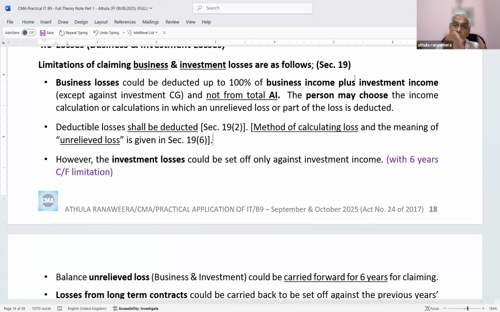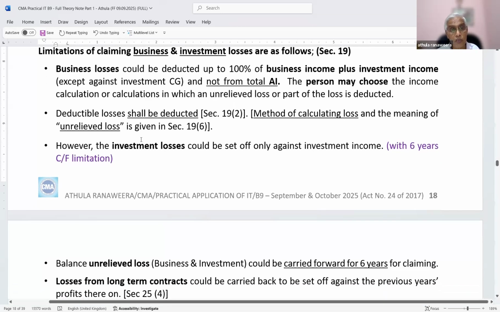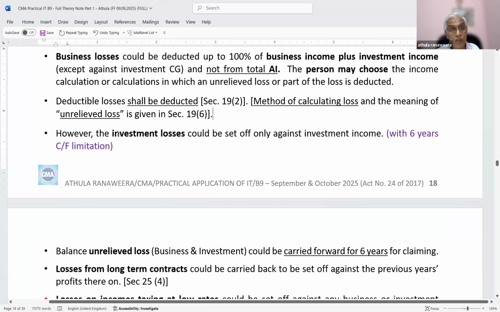Say in one year the income tax rate was 14%, and next year 30%. In the 14% rate year, you avoid claiming to get the benefit in the subsequent year. That you can't do.